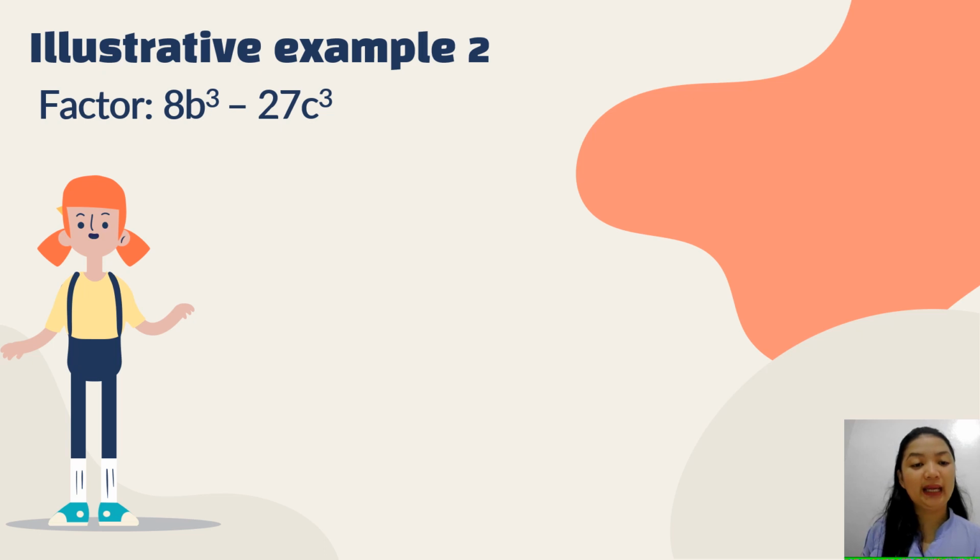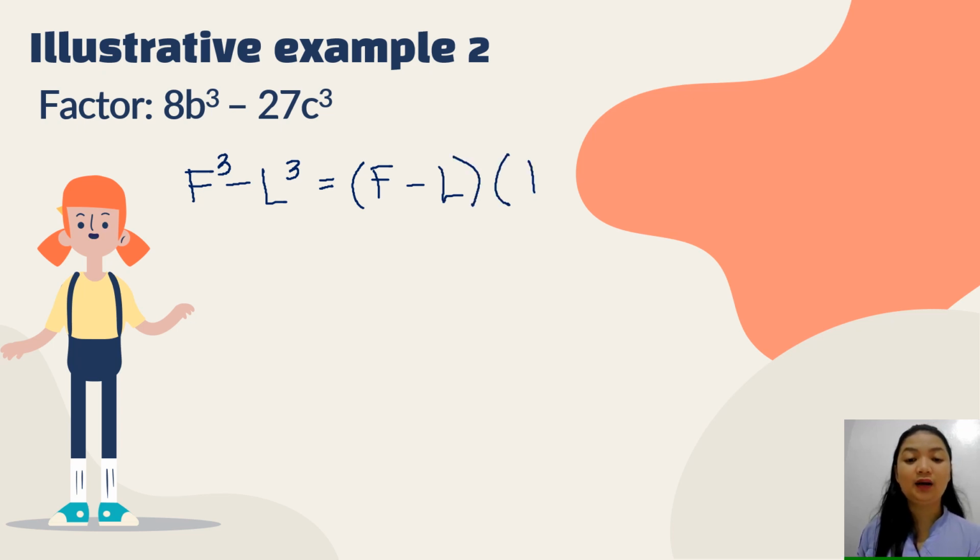So we have here 8b cubed minus 27c cubed. So this time, this is a difference of two cubes. So let us have first term cubed minus the last term cubed is actually equivalent to first term minus the last term times the quantity first term squared plus first term and the last term plus the last term squared.